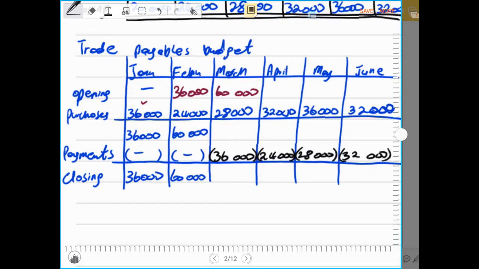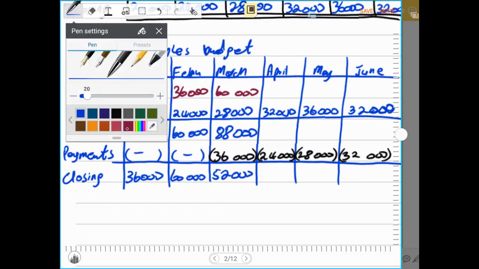So now we say 60,000 plus 28,000, that will give us 88,000. So now we'll have 88,000 here under the month of March. 88,000 less the payment, which is the first payment of 36,000, and this will give us 52,000.